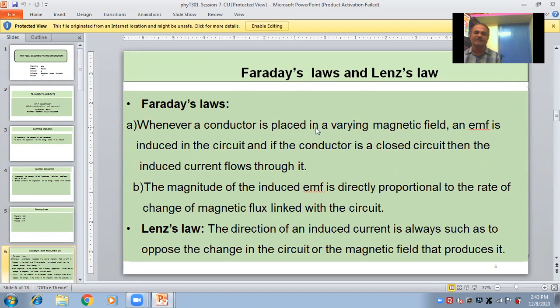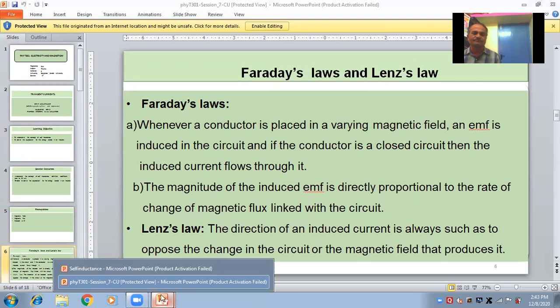I will explain this more clearly with the help of a diagram. The second point is that the magnitude of the induced EMF is directly proportional to the rate of change of magnetic flux linked with the circuit. We'll see these things with the help of this diagram.